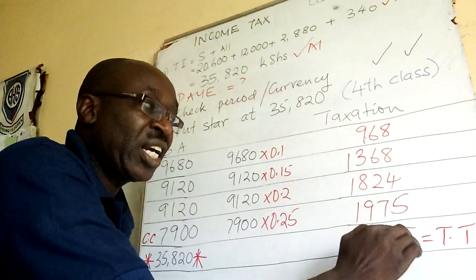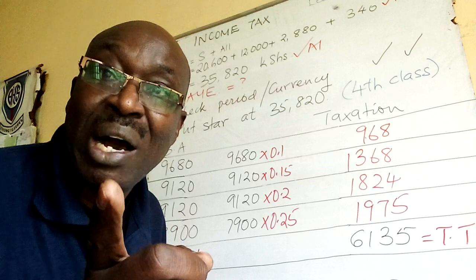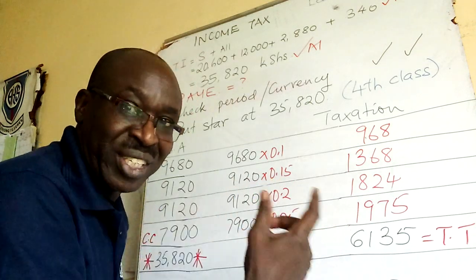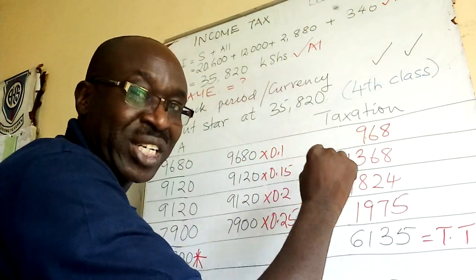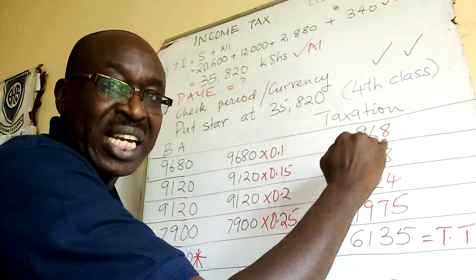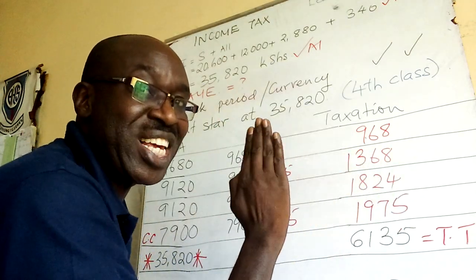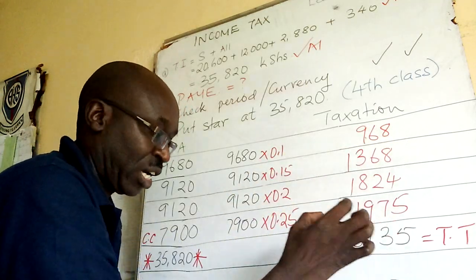The total here gives me total tax. It is still a process. It doesn't go to the government the way it is. We are doing what pertains to each class. So you multiply, you get all this, you get total tax.